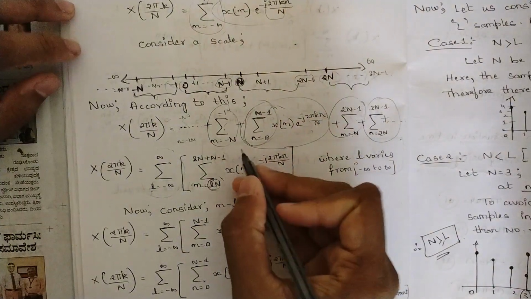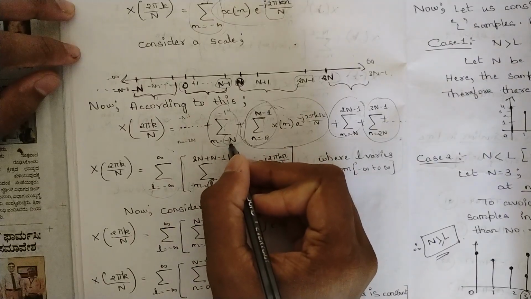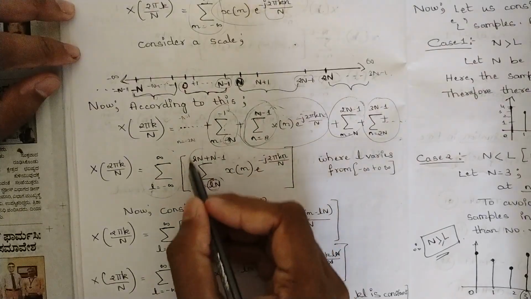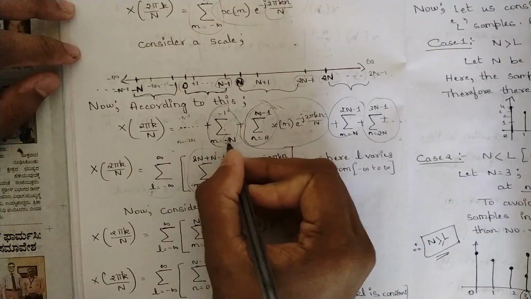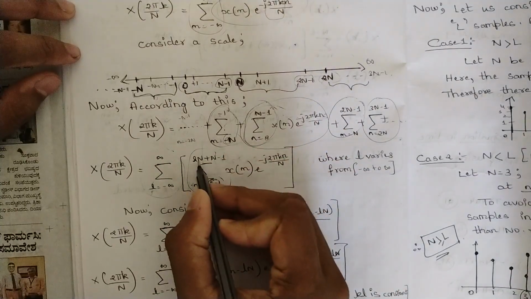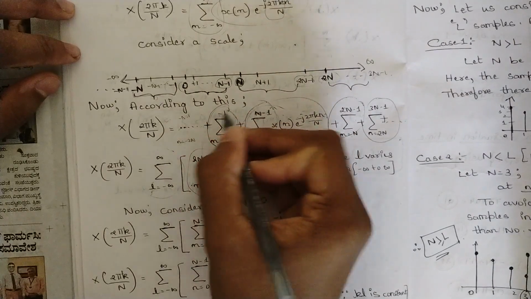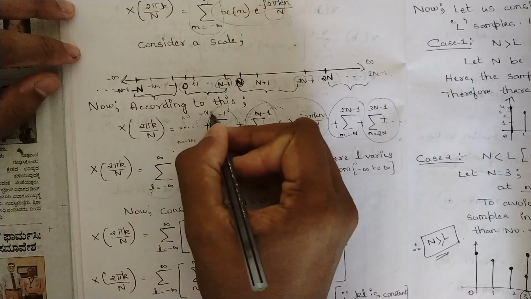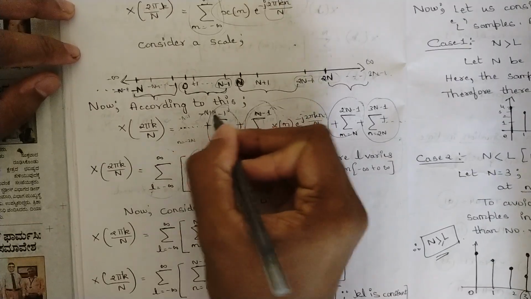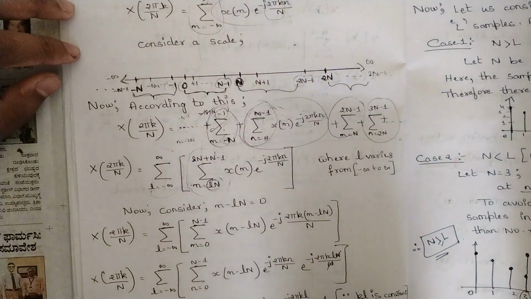For example, here n is equal to ln. In case of L we have the value as minus 1, right. According to this, now let's see whether this matches or not. If it is minus 1, then ln plus n minus 1 is minus 1n, so minus n plus n minus 1, minus n plus n would be cancelled, we would be remaining with minus 1, so this would be satisfied.